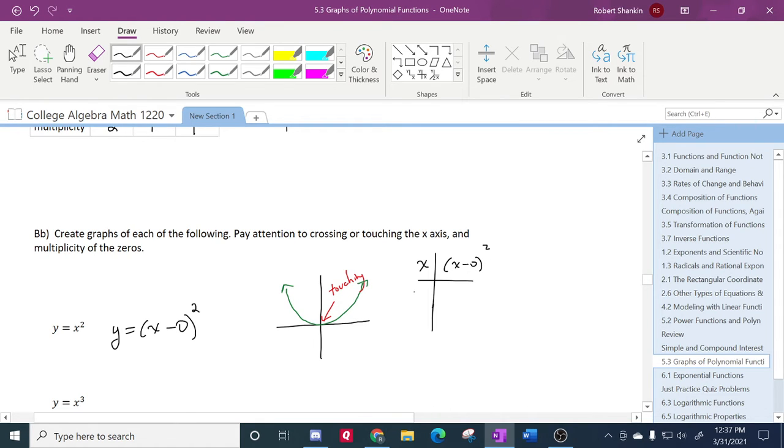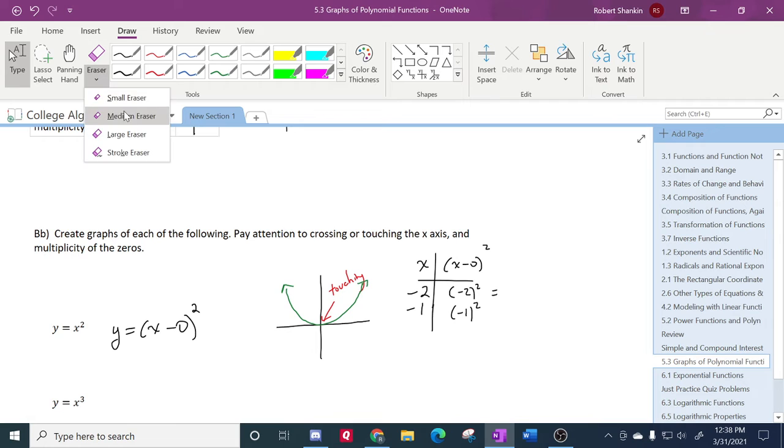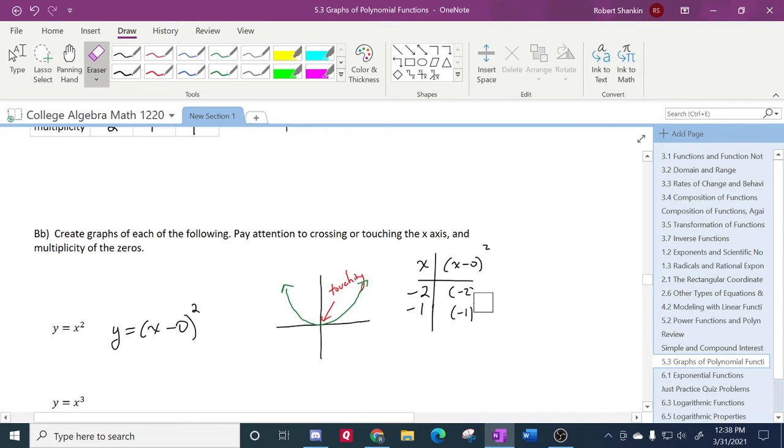If you plug in negative numbers, like -2 and -1, what do you get? You get positive. Now, instead of writing them like this, though, let me write them like this. And we get 4 and we get 1. So notice we're always getting a positive result.